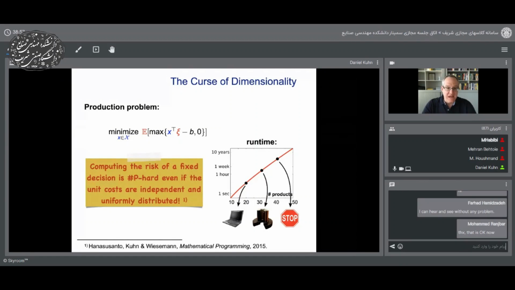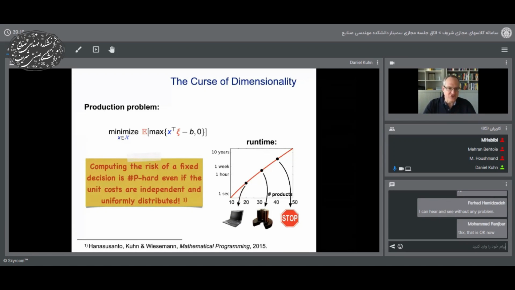That means that every known algorithm that we could use to evaluate the risk of a fixed X would have a runtime that grows exponentially in the dimension of the problem. That would be the dimension of the vectors X and Xi, the number of products.